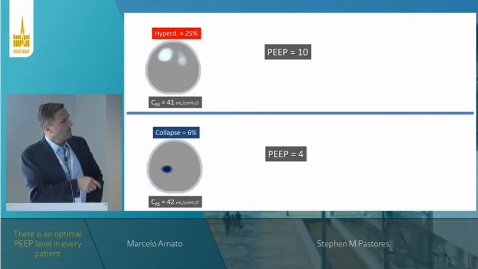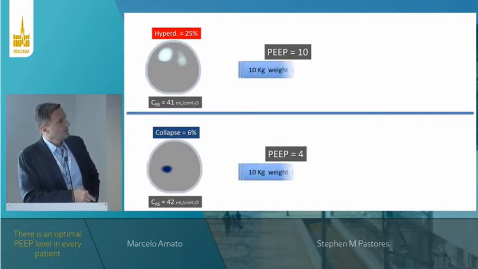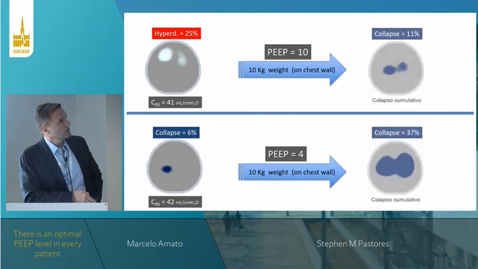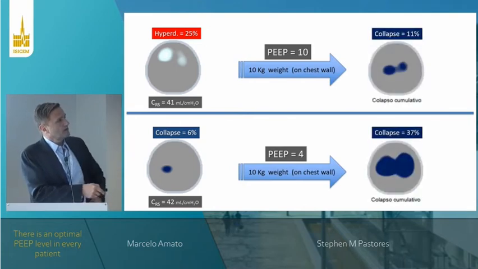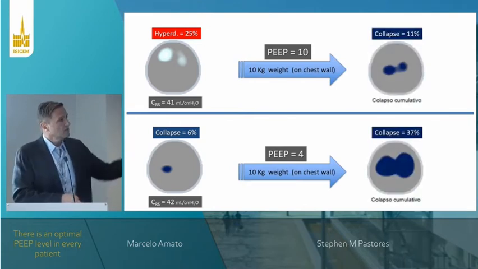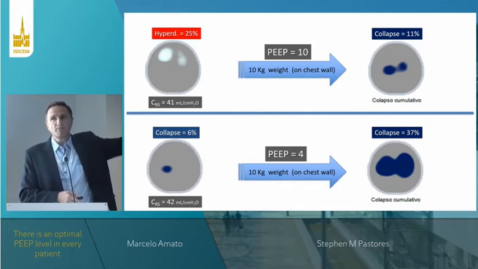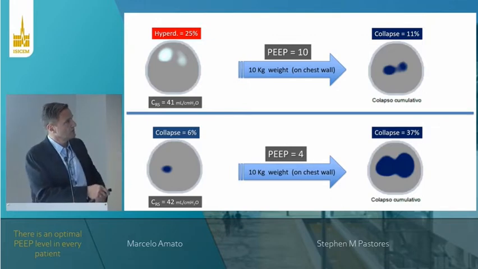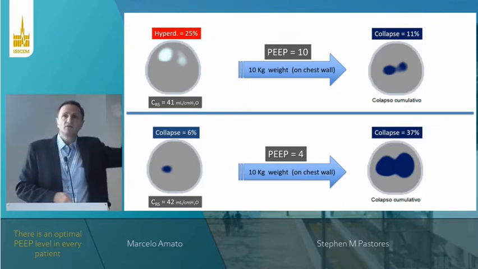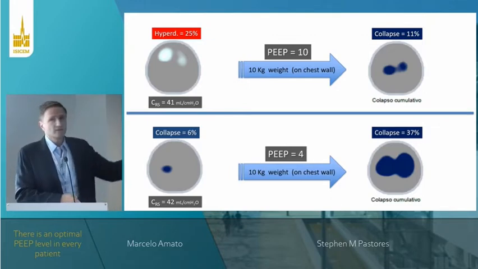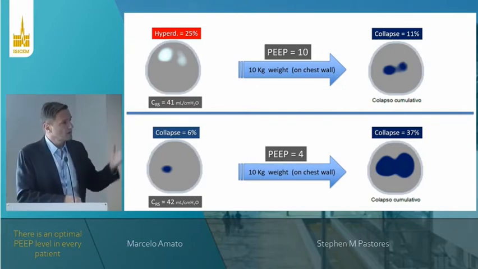On the left, I have the animal without weight. Now I'm going to put some weight, and then I see a lot of collapse. But if I use some PEEP for this animal and apply the same principles, I would get exactly the same result here, just increasing my PEEP level. This is just a shift caused by the weight and obesity.